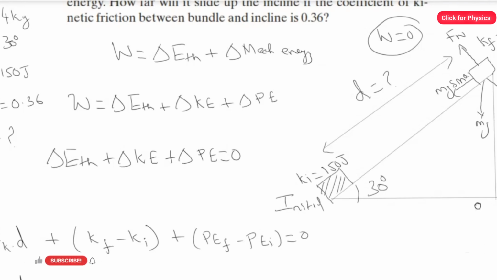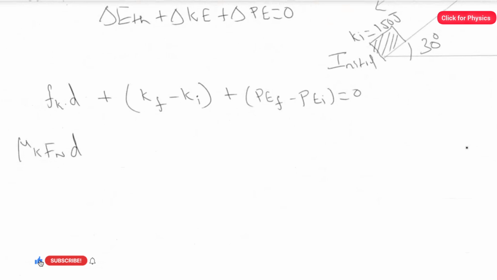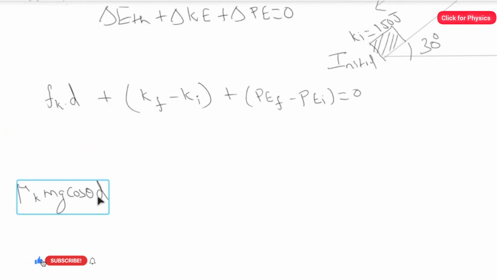So in place of Fn, I can write mu k mg cosine theta multiplied by d. Clear? We don't need to write the rest of this because we already got the answer for thermal energy.